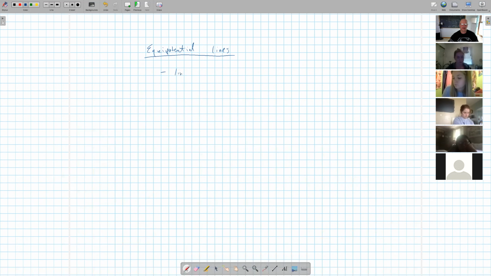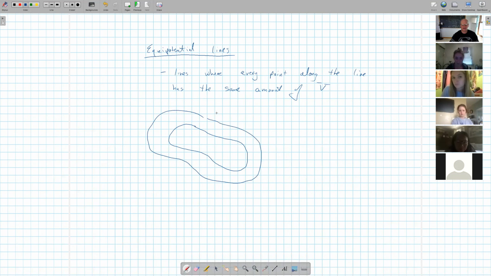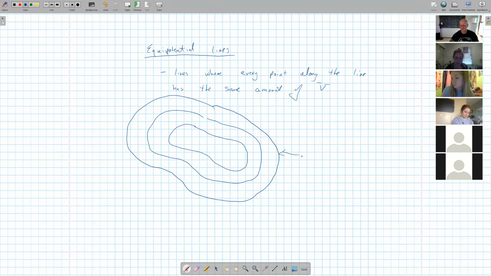So the same amount of V, okay? For example, I might have lines that look something like this. So here is my one line, here's my other line, here's my other line. So these are equipotential lines.